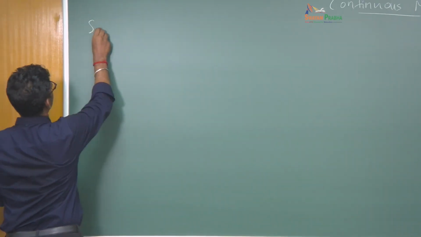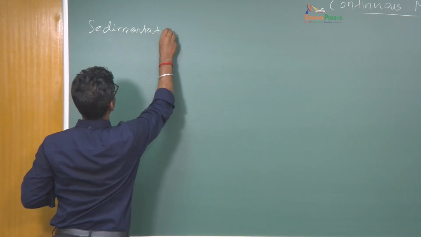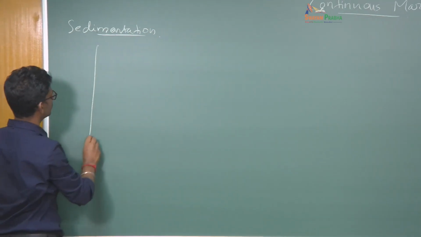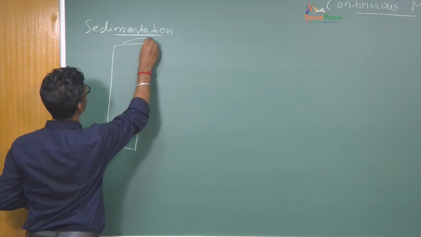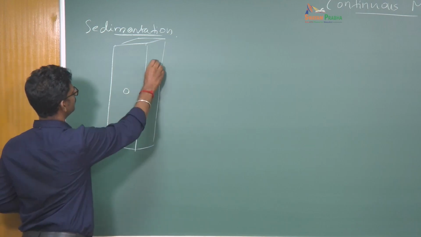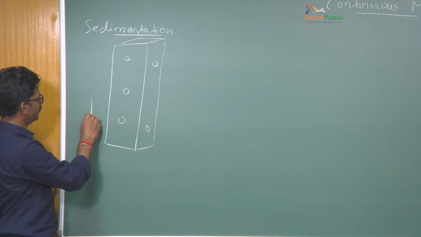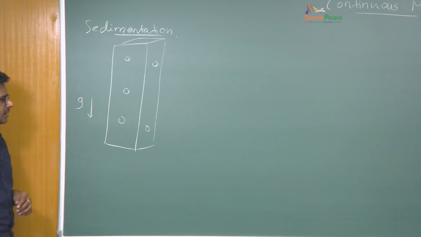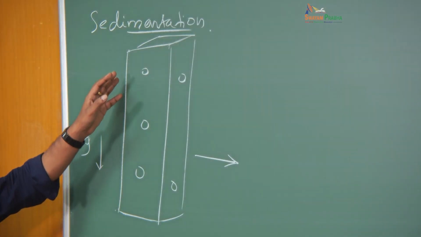So the previous problem was sedimentation, where the particles are very dilute, and there is gravity acting on them, and then there is an equilibrium distribution for the concentration profile.